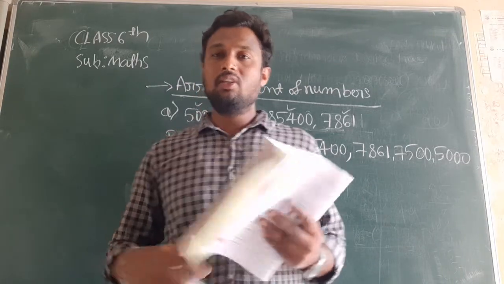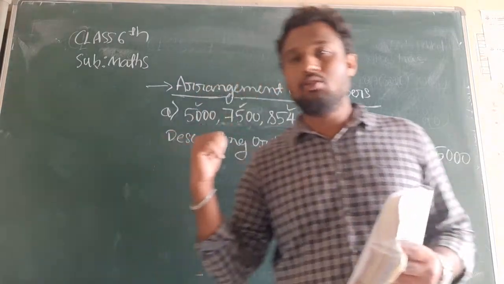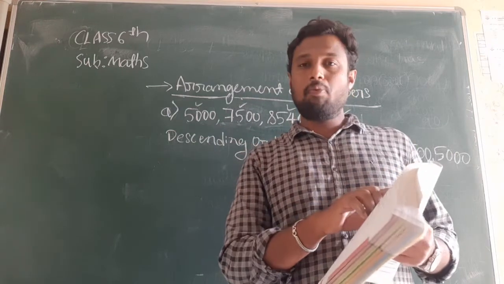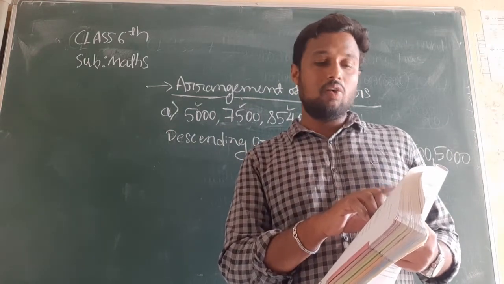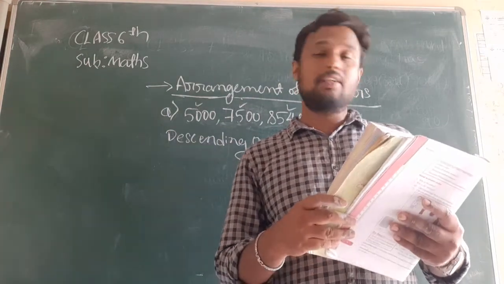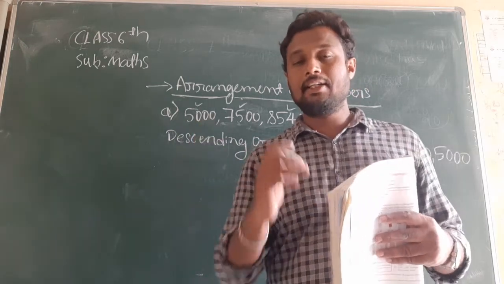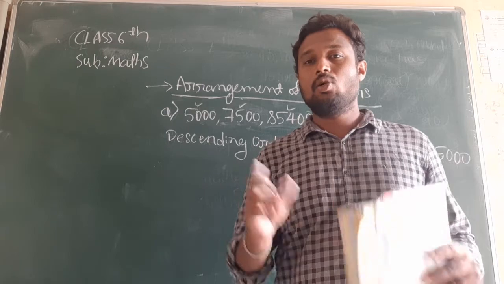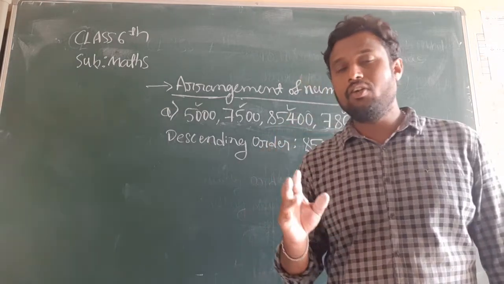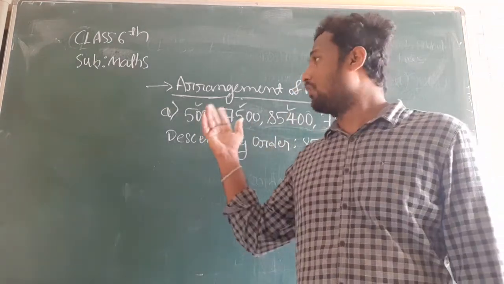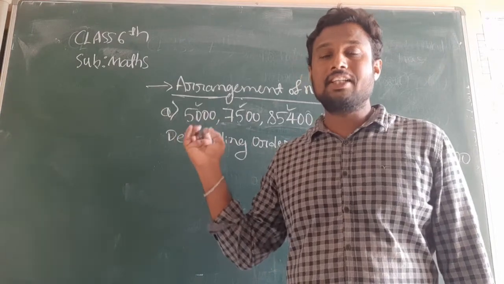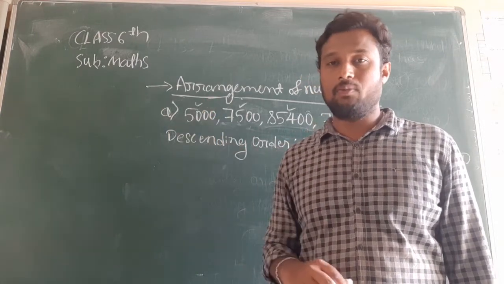Again, what you have to do? Just compare the highest position values. So one example you have to write in ascending order, and one problem you have to write in descending order. Okay? Don't get confused. When you have the same number of digits in a number, just compare the highest position value.